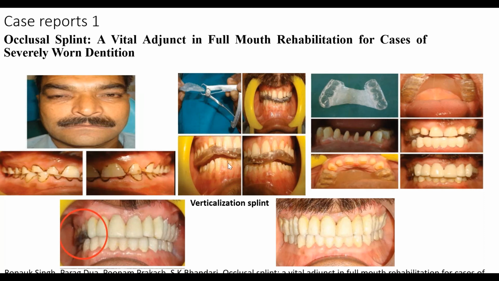Now the splint is cut in between from the medial section, and the right side of the teeth is prepared, and on the left side the splint is kept to check the increase in the vertical space. So this splint can be used in full mouth rehabilitation cases. It can be used by the patient to check whether raising the bite is possible, and it can be used while planning the treatment.